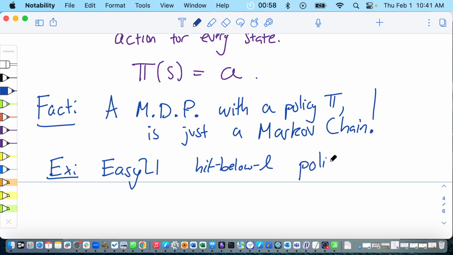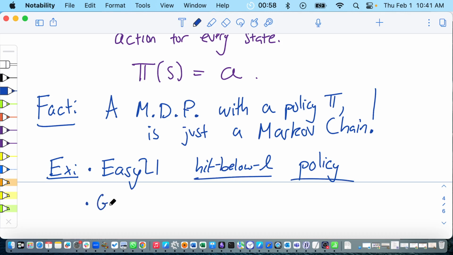The hit below L policy is that you always choose to take a new card if you're below L, and you choose to stay if you're L or above. That is a policy. And if you do the hit below L policy, Easy21 just becomes a Markov chain. That's the Markov chain you guys did in your assignment.